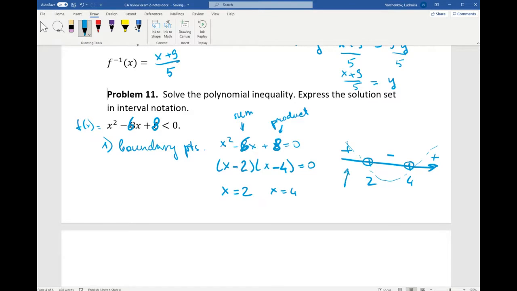You can take the test point like f of 0 on this interval. It will be 8, so greater than 0, and the test point for every other interval to see what is the sign on this interval. So negative, the function is negative on the interval from 2 to 4.